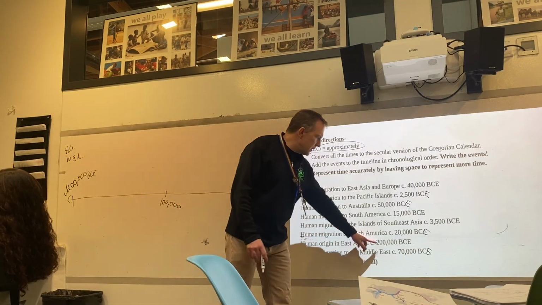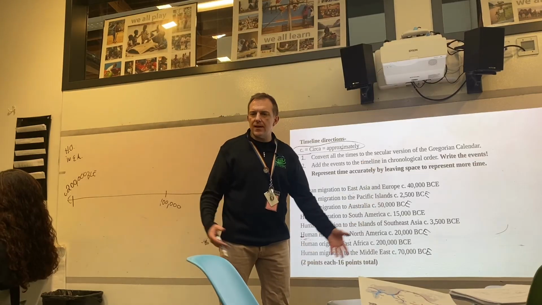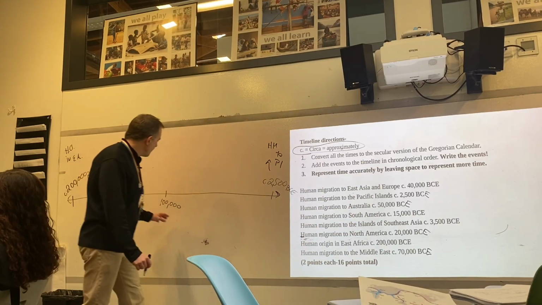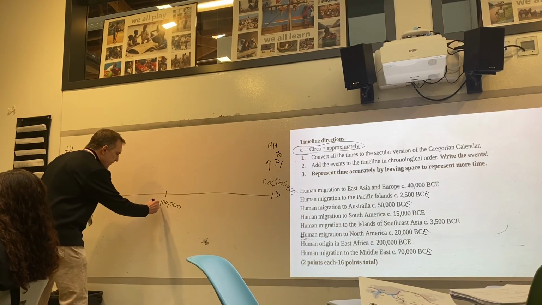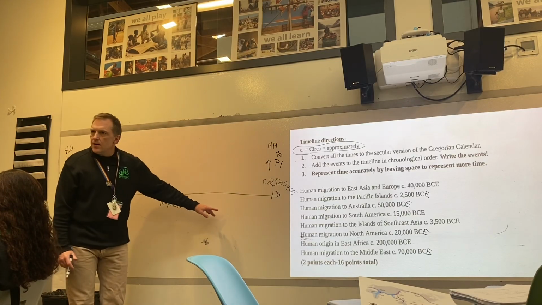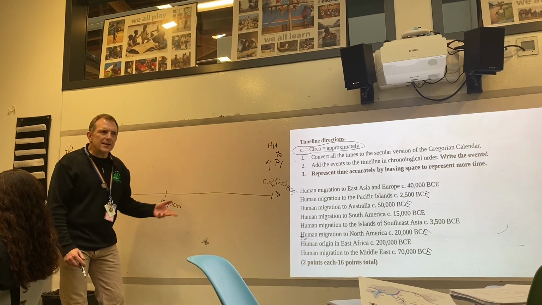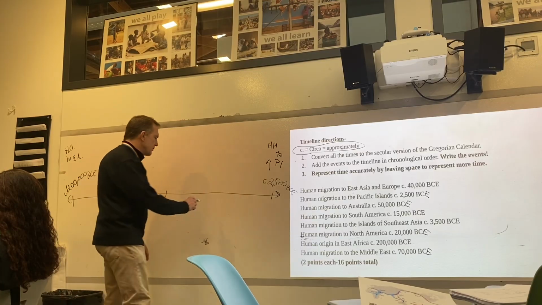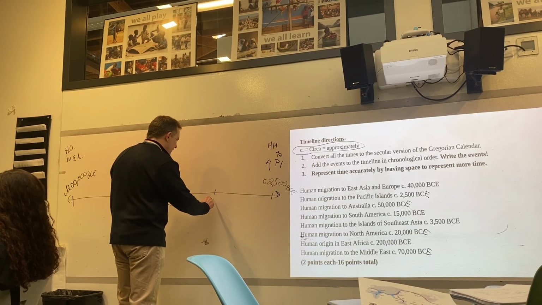I got nothing between 200,000 and 100,000. So I'm going to leave this side blank, and I'm going to go on this side. Now, if I want to do this side right, the best thing to do here will just be find the middle again, which is going to be 50.